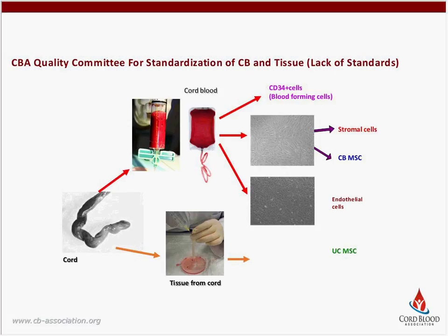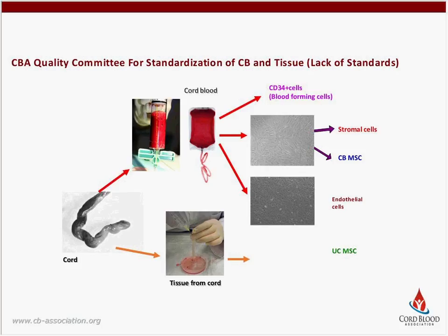However, when we would like to move the cord blood field forward to regenerative medicine, we should invest in scientific development. As summarized on this slide, there are very interesting subpopulations in cord blood that could be very helpful in the treatment of patients. First of all, in cord blood, we have so-called stroma cells.